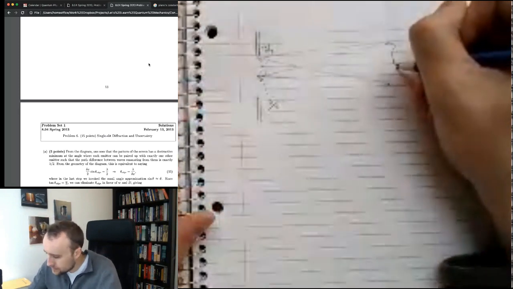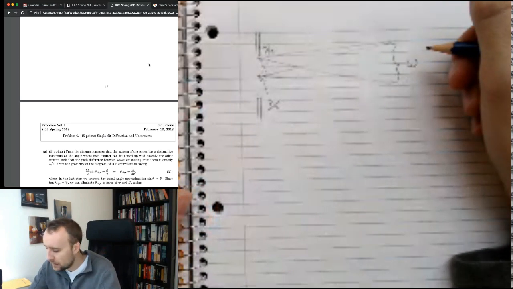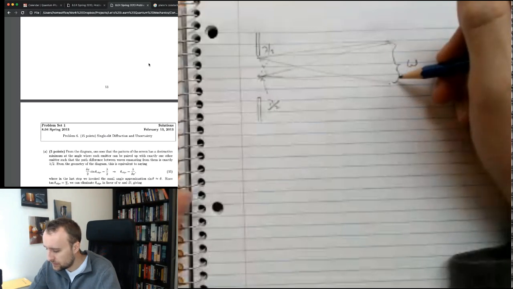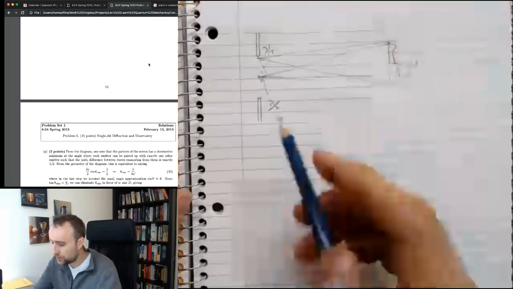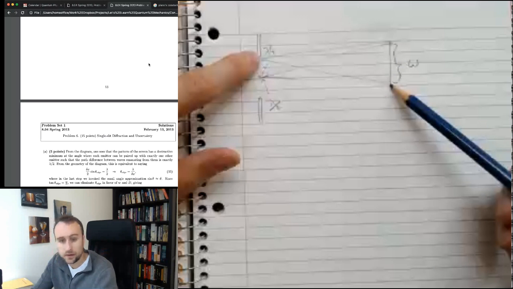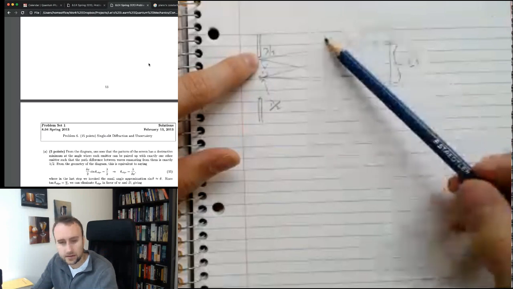And this is omega. So what is the triangle here that is defining? I guess it's between the 2 points, right? So this is W. And this is roughly D.